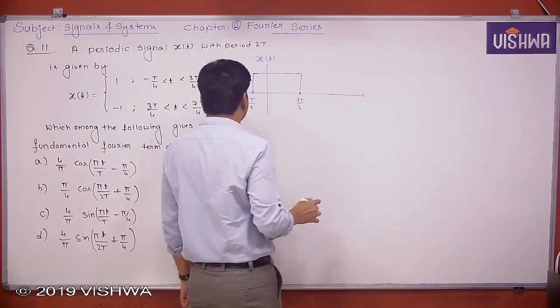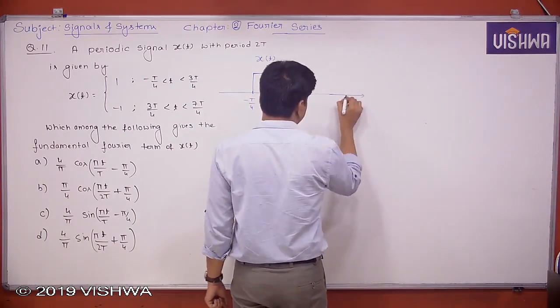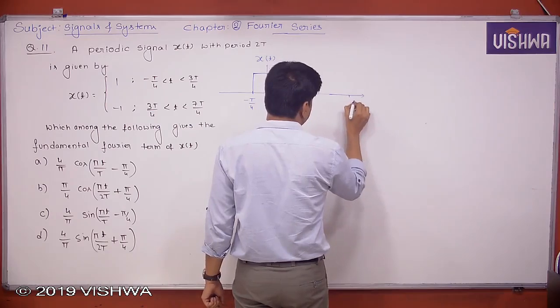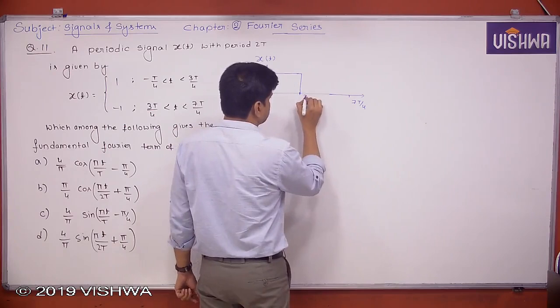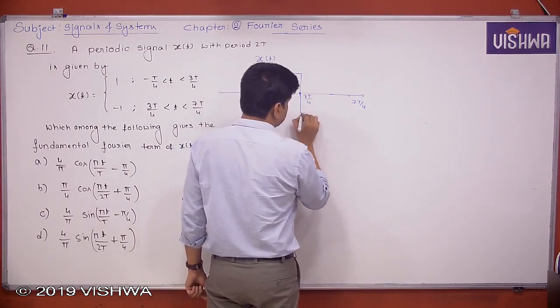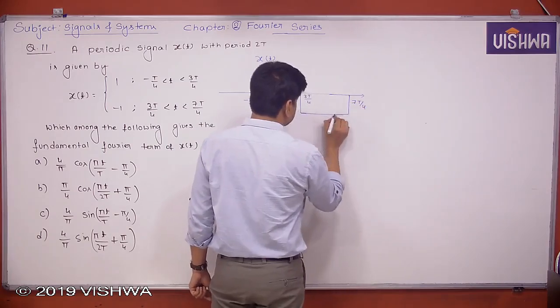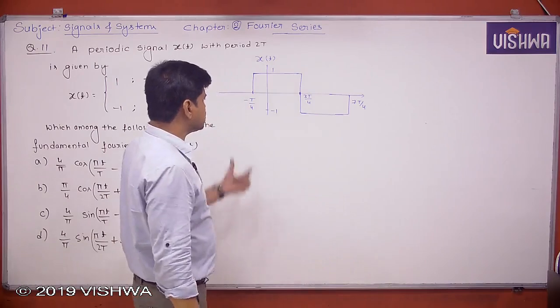Next, between 3T by 4 and 7T by 4, the value is minus 1. Then 1, minus 1. This is the wave which is periodic.